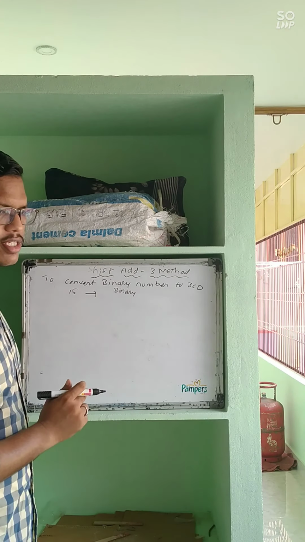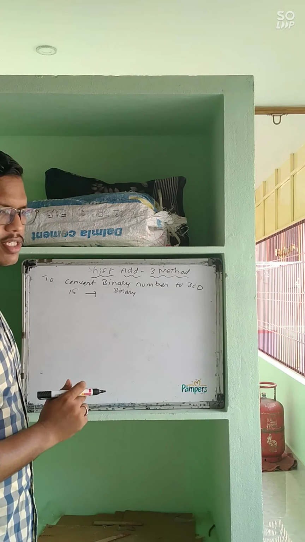So one point we have to remember in BCD: if the number is greater than 4, then add 3. We have to repeat this process.